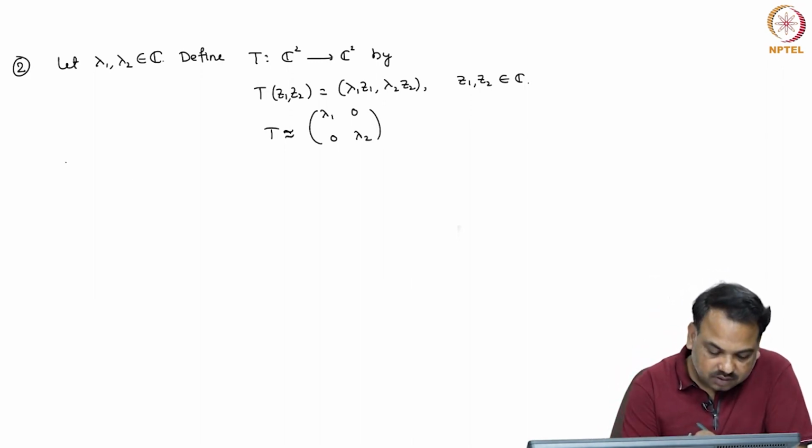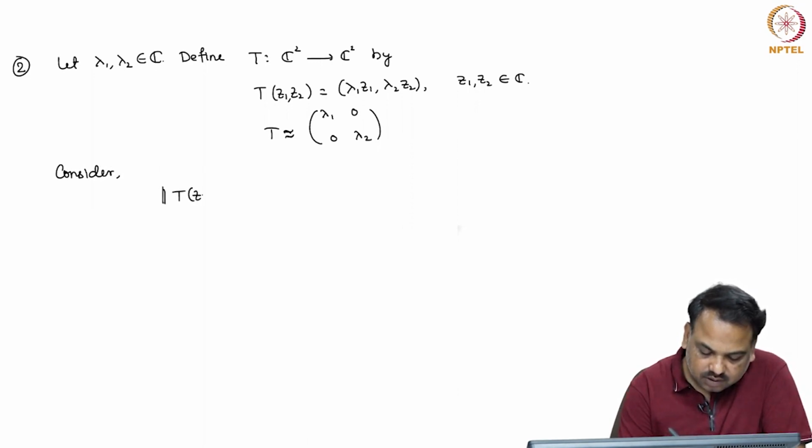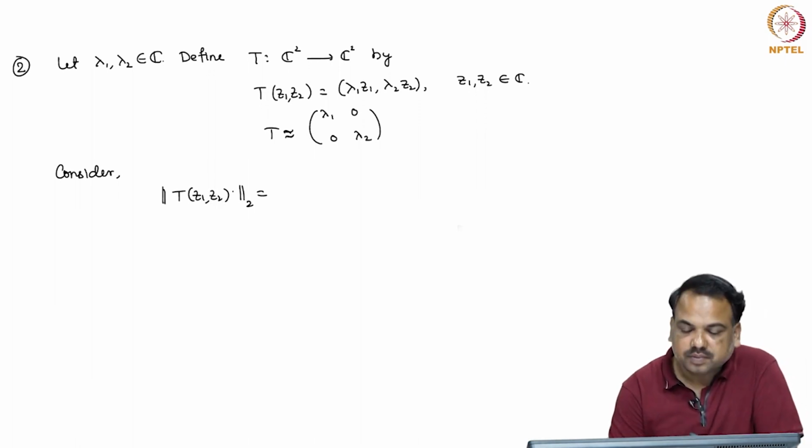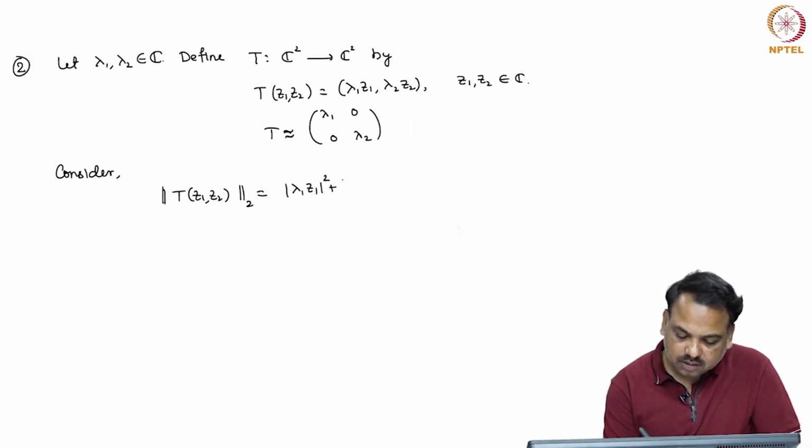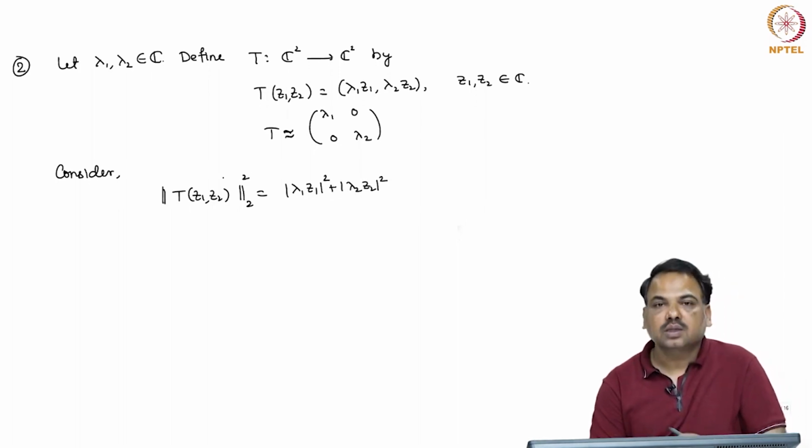Now look, so consider the norm of T (z1, z2). So this is the L2 norm. Let us take the square here.